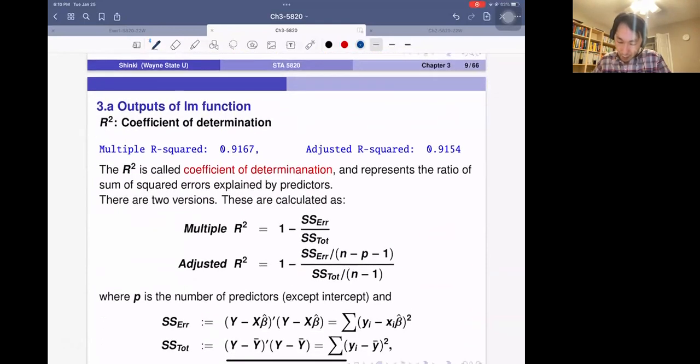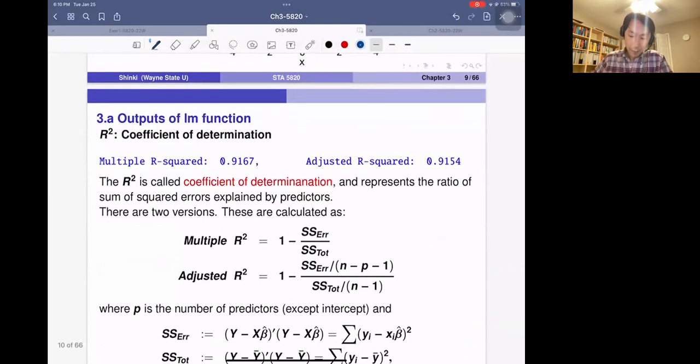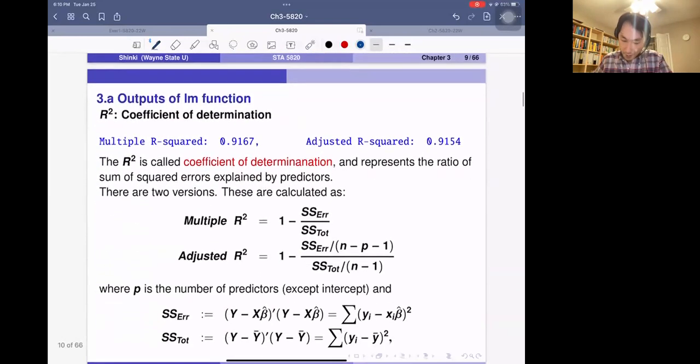Okay, so now we see another output, the multiple R squared and the adjusted R squared. The R squared is called the coefficient of determination, and it represents the ratio of the sum of squared errors explained by predictors.